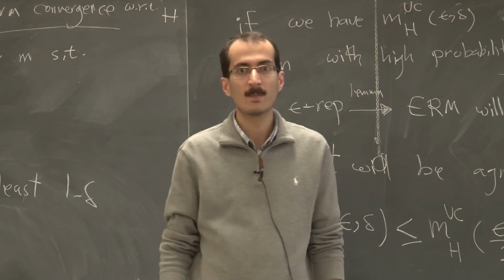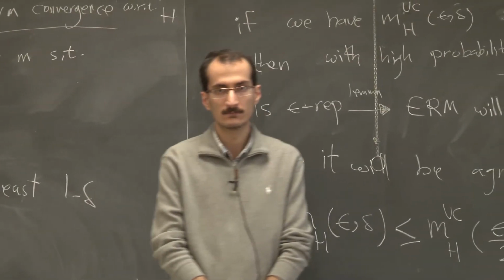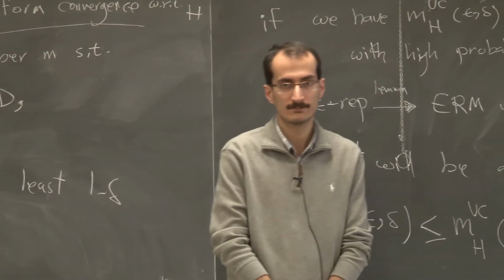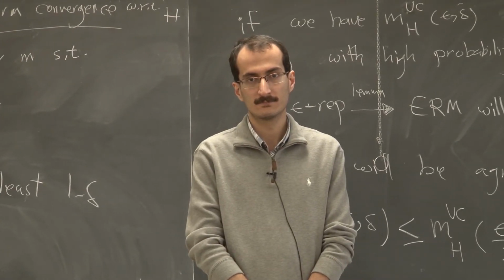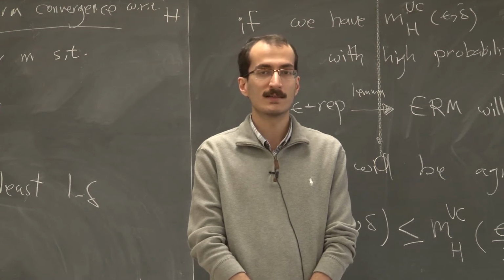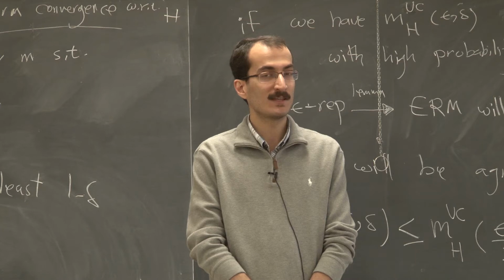For instance, for the coin flip, we proved that the best function has error of 1/2. So we can't find a sample which is a quarter representative for that function. OK, that's a good question. So it doesn't mean that we cannot find.